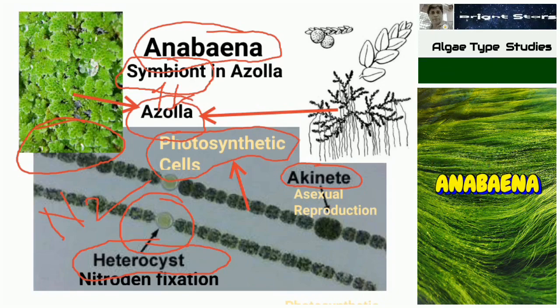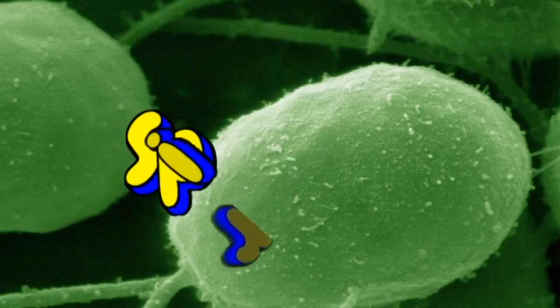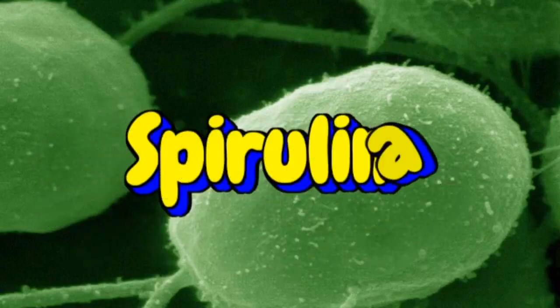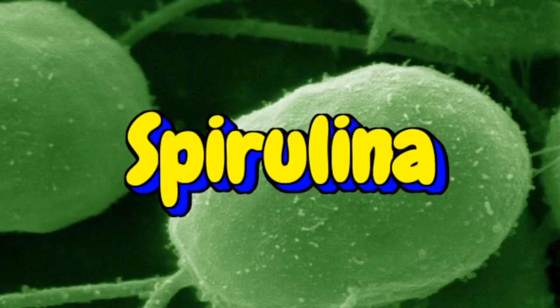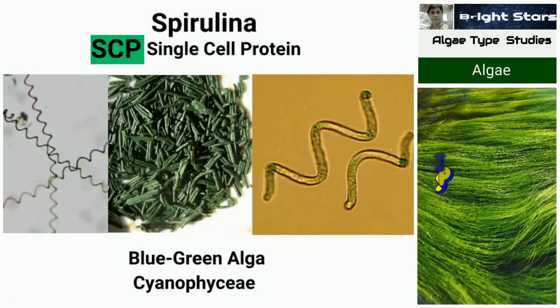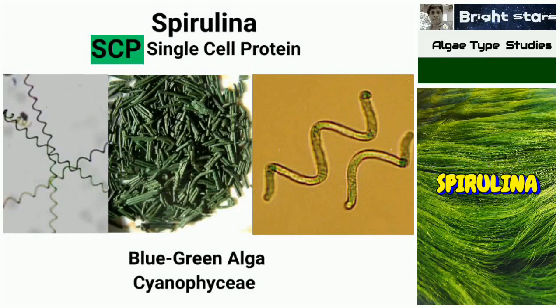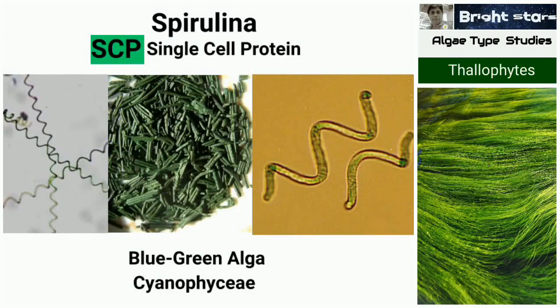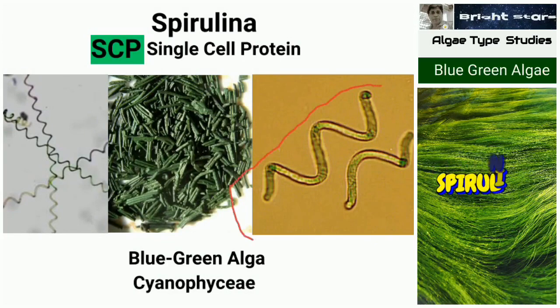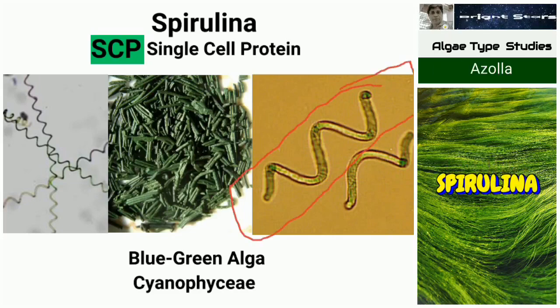Let us see, what is the next type? That is Spirulina. So the next model in blue-green alga is Spirulina. The word Spirulina indicates the spiral shape of this alga.